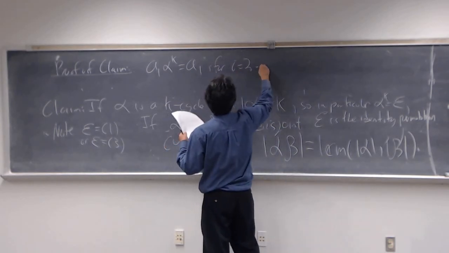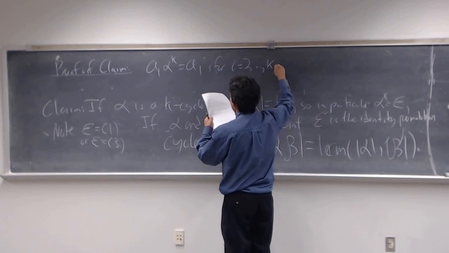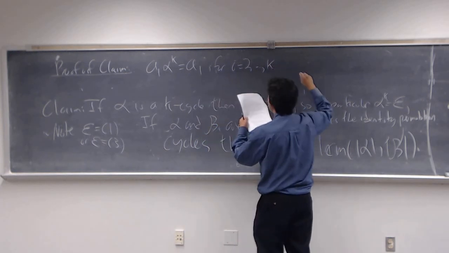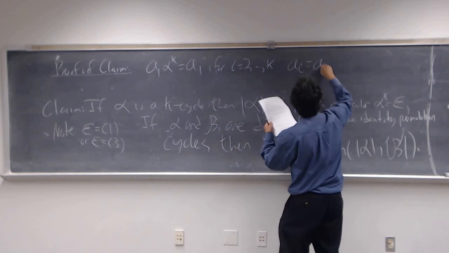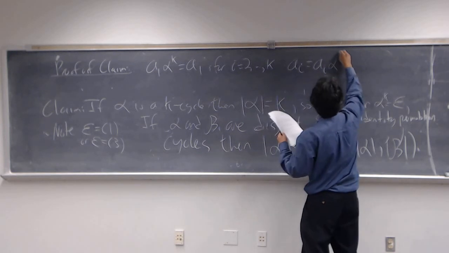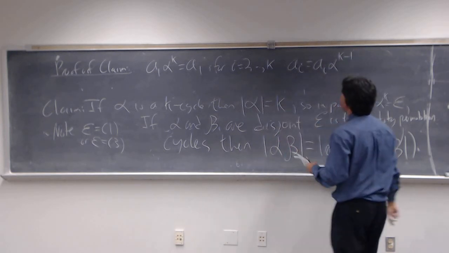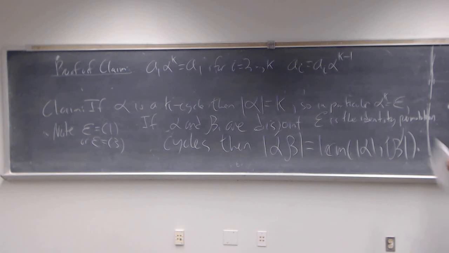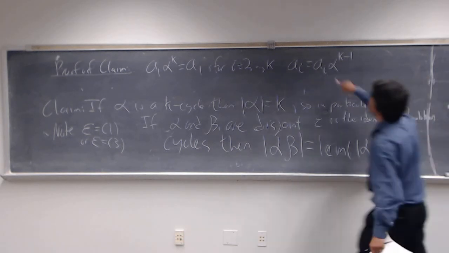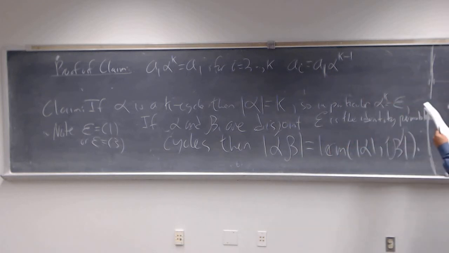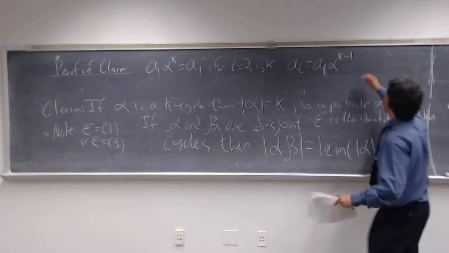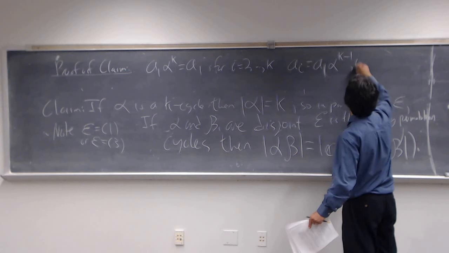For i going from 2 to K, we have A_i equals A1 alpha to the i minus 1, right? That's what A2 was, A1 alpha to the 1. A3 was we hit A1 with alpha squared. So we have that.